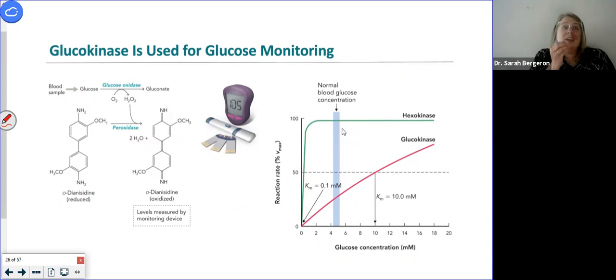If you barely take a bite of anything, do you want all the cells in your entire body to take glucose from the bloodstream? No, your blood sugar is going to tank and you are going to be in super big trouble. I only want to produce insulin when I've had a meal, when I've had a substantial amount of carbohydrate.